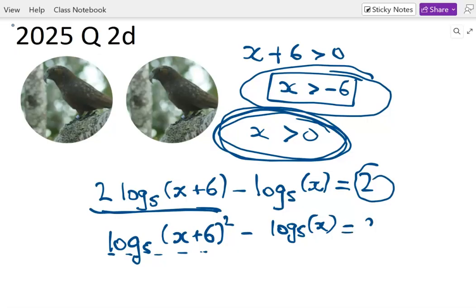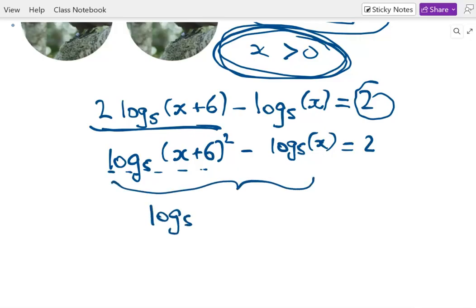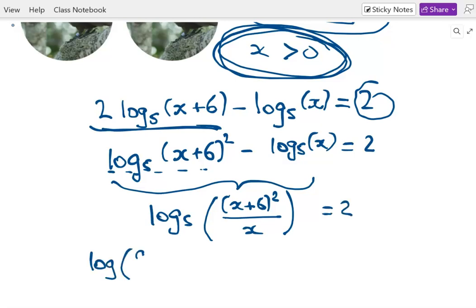I'm going to leave this here as 2 for now, and now I'm going to simplify the left hand side and write it as this. The rule I'm using here is that the log of A over B is equal to the log of A minus the log of B.